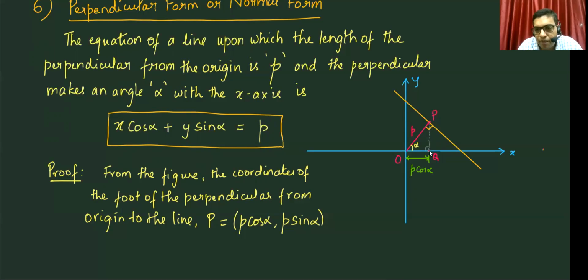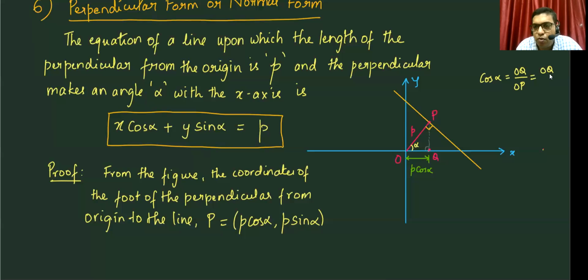When we drop a perpendicular from P onto the x-axis, the foot is Q. So what is cos alpha? Cos alpha is the adjacent side OQ by hypotenuse OP.